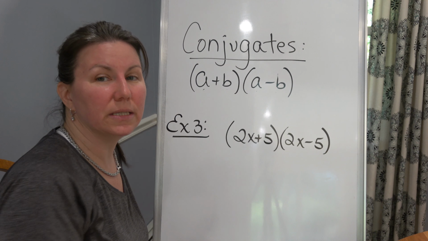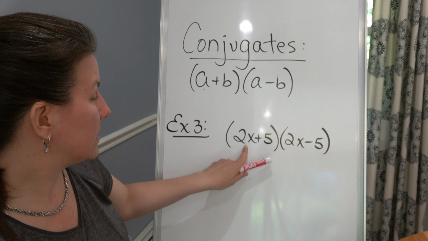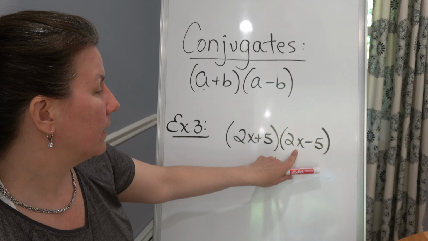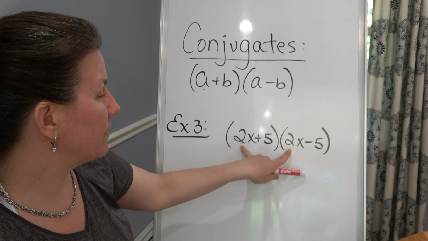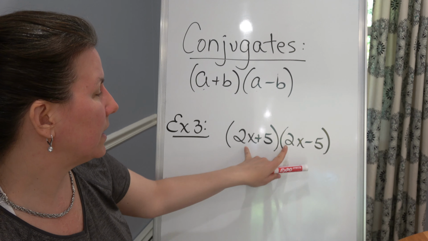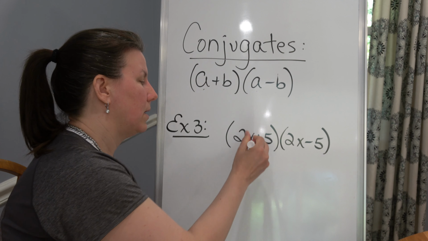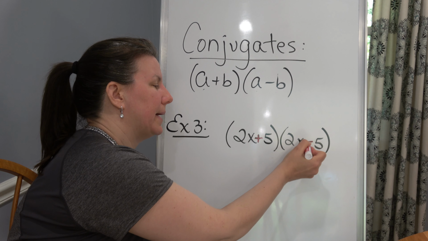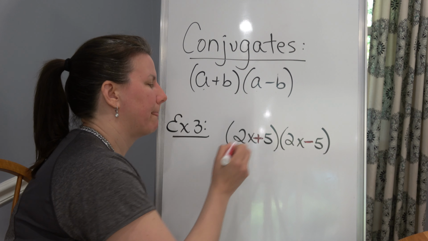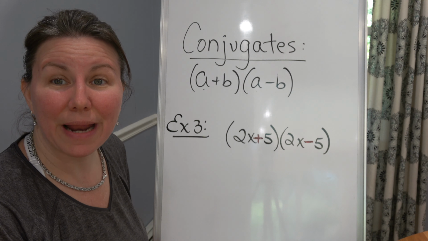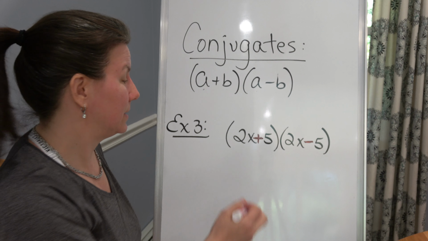So these are conjugates because they are the same terms, right? 5 and 5, these match up perfectly. The only difference is you've got a plus here and you've got a minus here, right? So let's see what happens when we multiply conjugates.